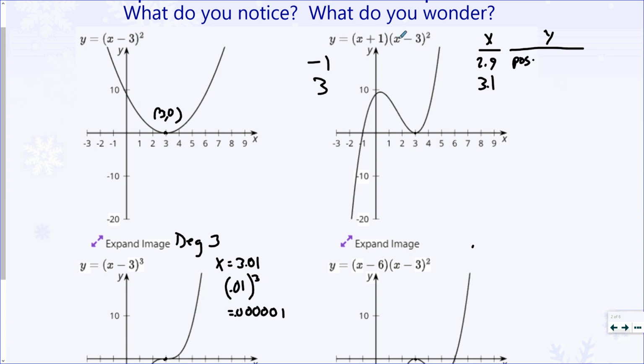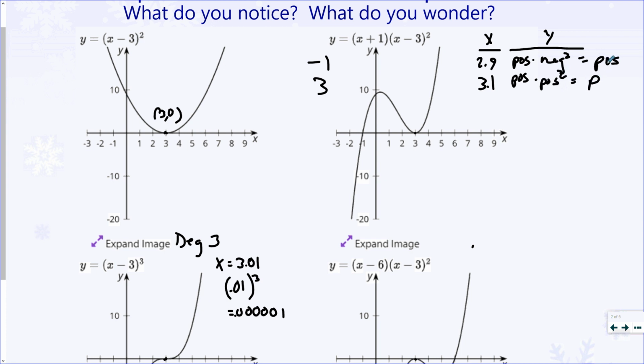Now 2.9 minus 3, that's negative, right? But it's going to be a negative that's squared. What happens when you square a negative? You get a positive. So positive times positive is positive. Same thing's going to happen with 3.1. 3.1 plus 1, well, that's positive. And then 3.1 minus 3 is positive, and that's squared.